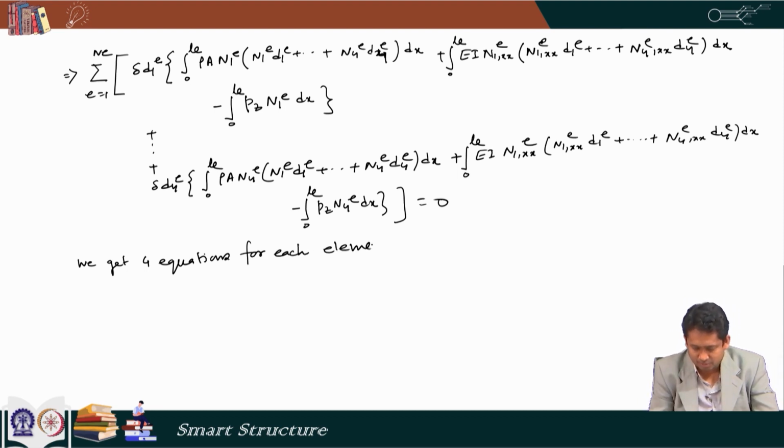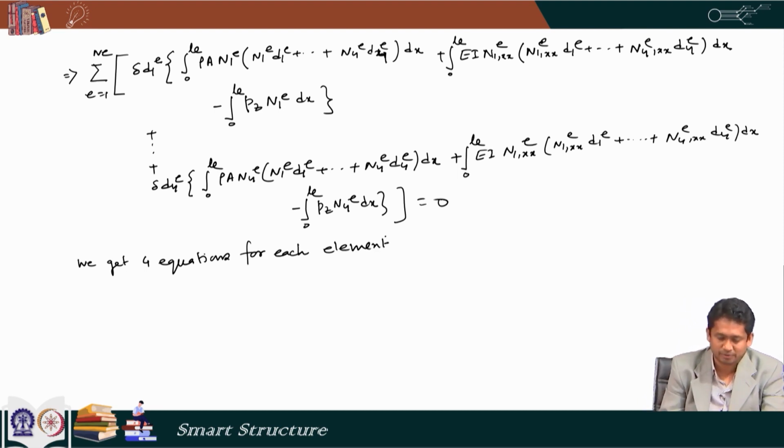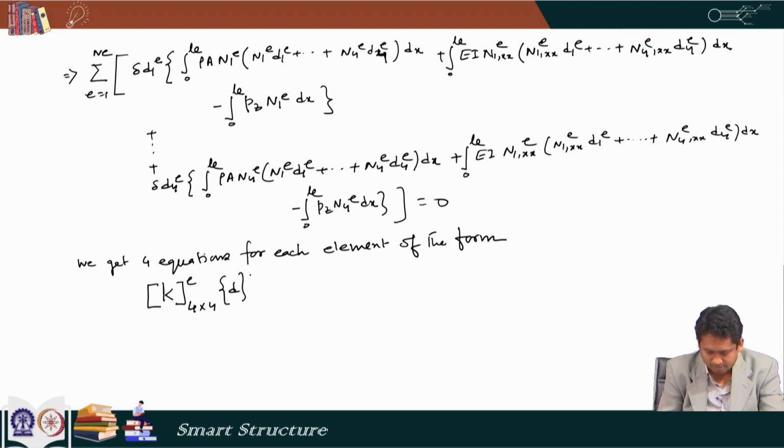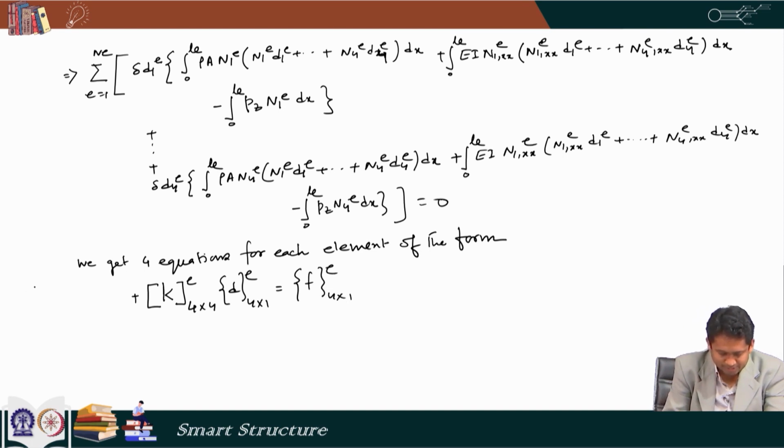In this case we have 4 degrees of freedom, so we get 4 equations for each element, and the equations are of the form K^E, that is a 4 by 4 matrix, multiplied by D, that is a 4 by 1 vector, is equal to F^E, that is a 4 by 1 vector, and also we have an inertia term.